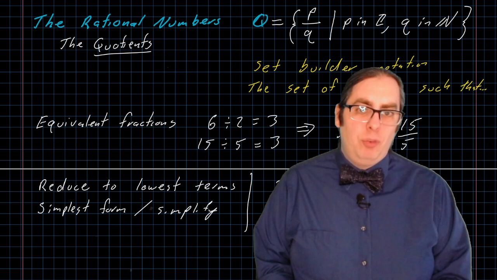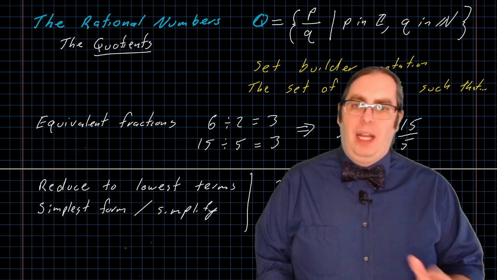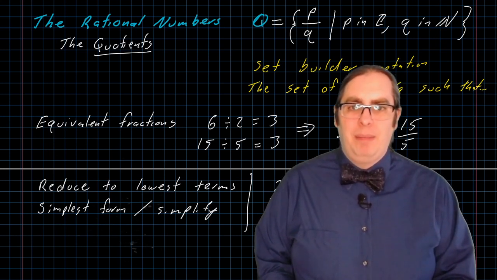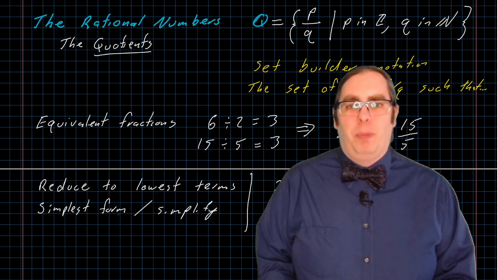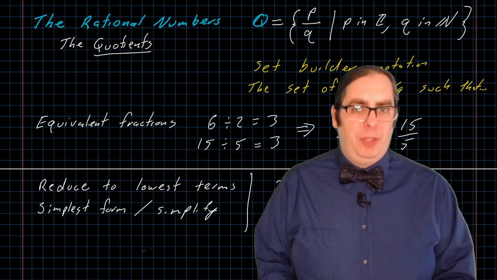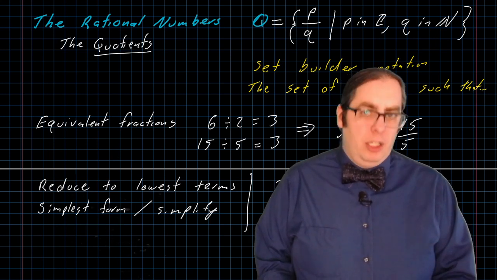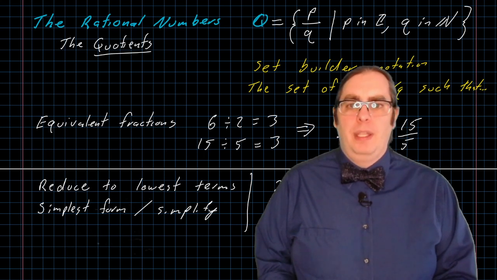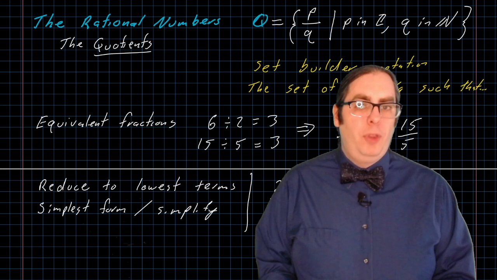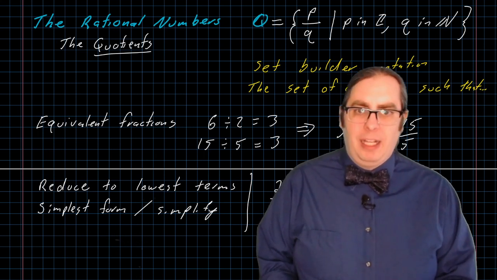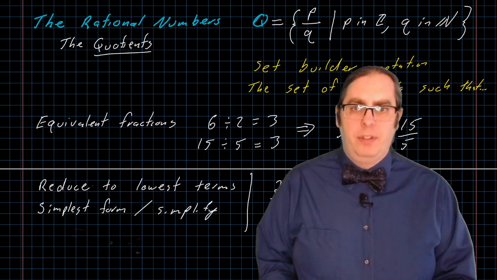Right? That last one can be tricky. I showed you in this example, the easiest thing to spot is, are the fractions both even? If they are, divide by 2. If the numerator and denominator of the fraction both end in a 0 or a 5, you can divide by 5.